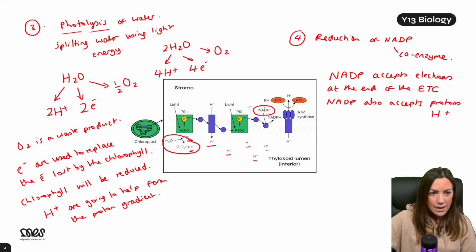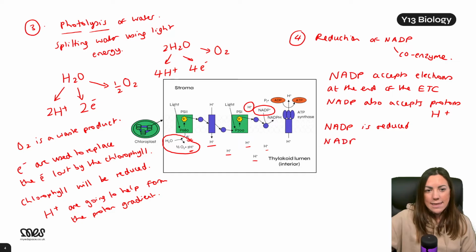So again, have a little look. The NADP is going to accept electrons from the electron transport chain. It's also going to accept protons that have just diffused back into the stroma through the ATP synthase enzyme. What's the result of this? Well, NADP is reduced.